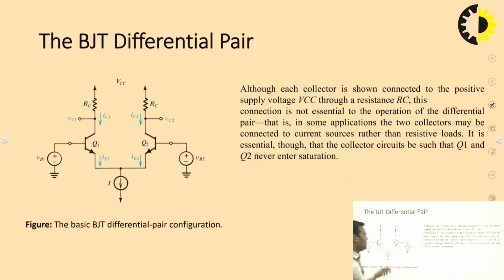Now, let us see what a differential amplifier is and how it looks. This is the diagram of a BJT differential pair. There is one more circuit called the current mirror circuit.